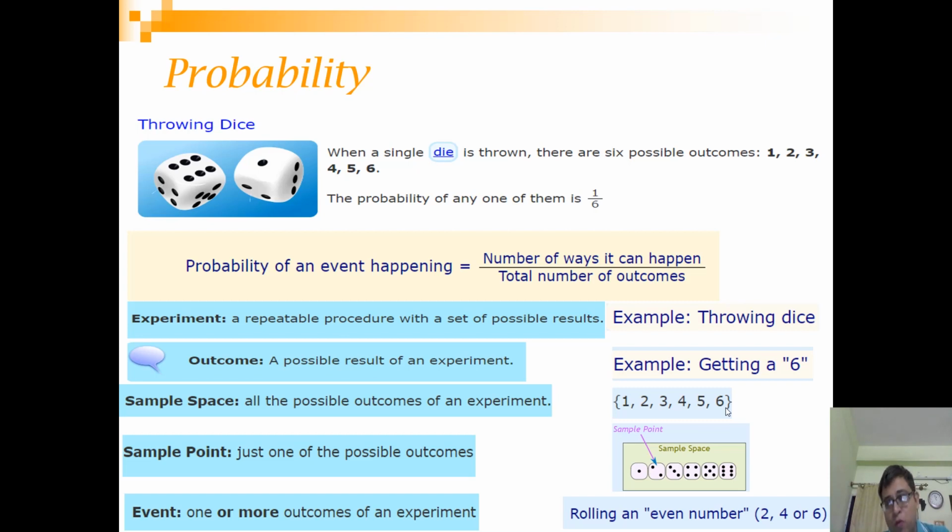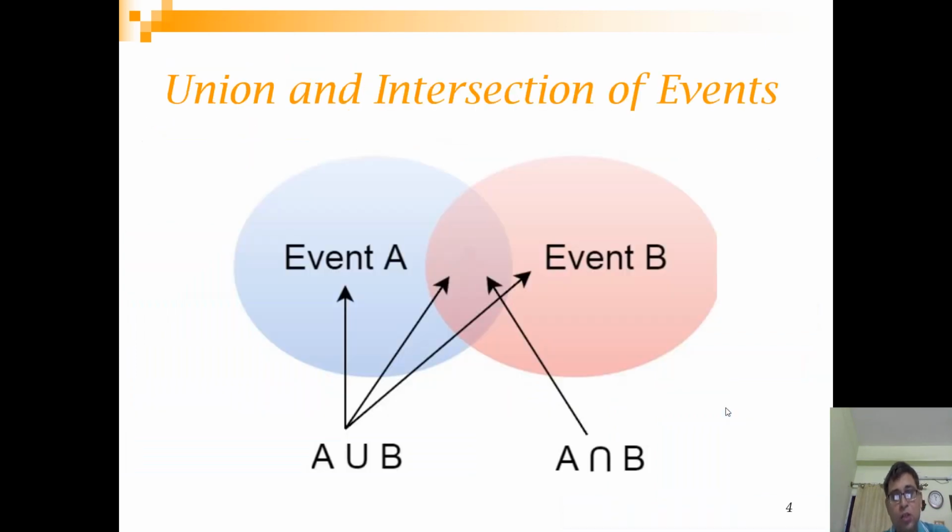Before we move on to conditional probability, let us look at a few basic definitions, which are union and intersection of events. As we said, an event space, which is a subset of the sample space, can be represented using a Venn diagram because it is a set.